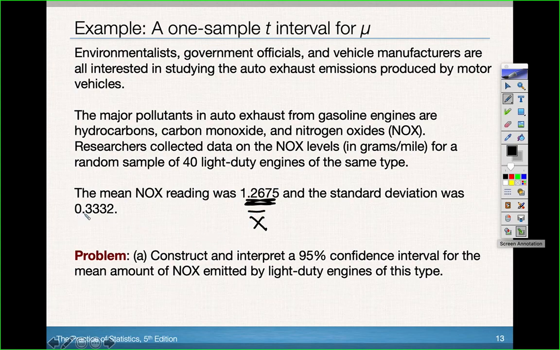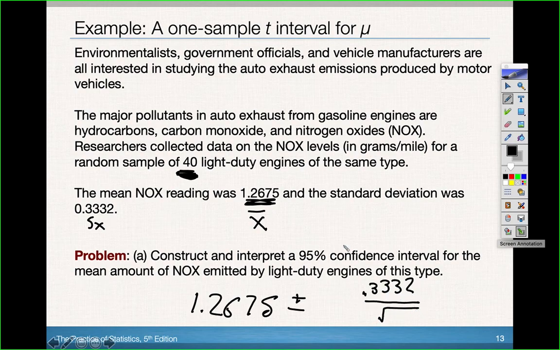We have right here is Sx. So how would I get this for the confidence interval? It would be 1.2675 plus minus t star. We'll get t star in a second. Standard deviation is 0.3332 over square root of 40.